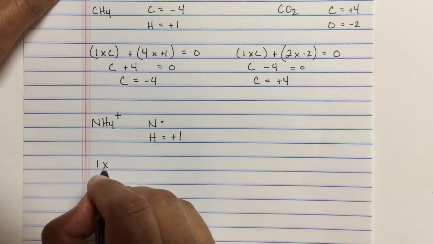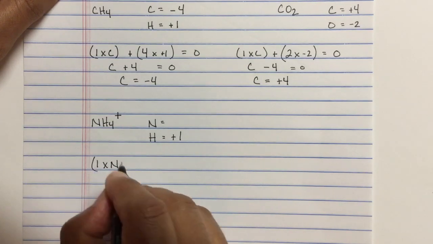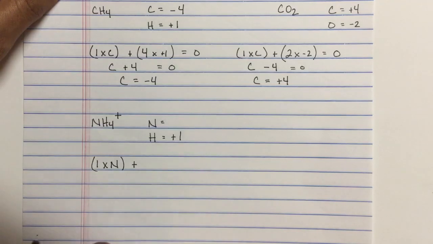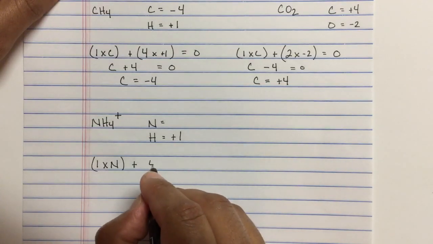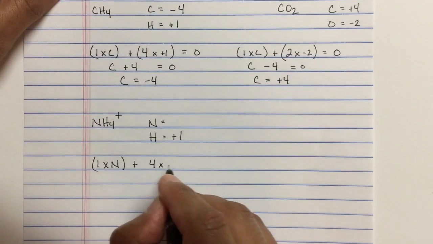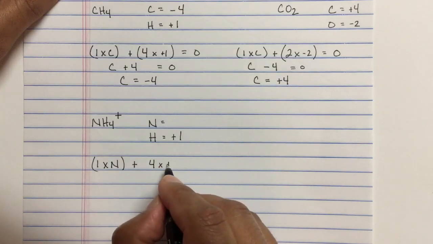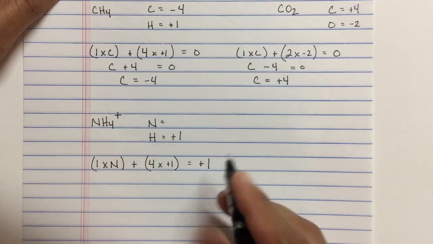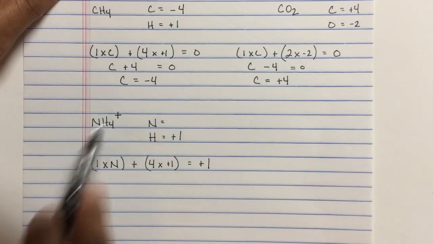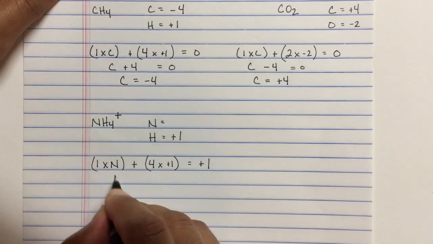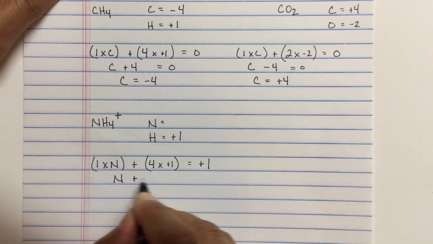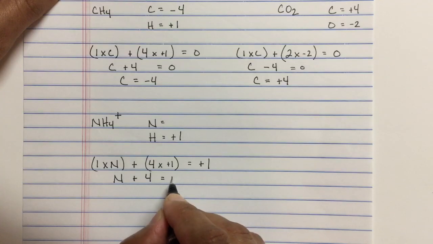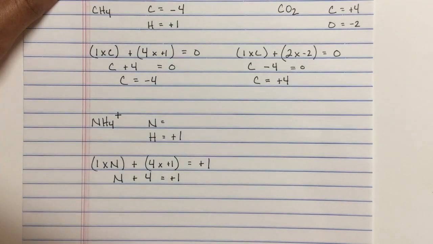So 1 times nitrogen plus 4 times the hydrogen, which is plus 1, is equal to plus 1 because that's the net charge. 4 times 1 is 4, is equal to plus 1.